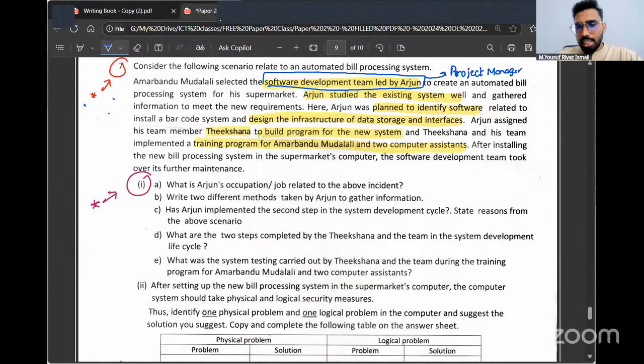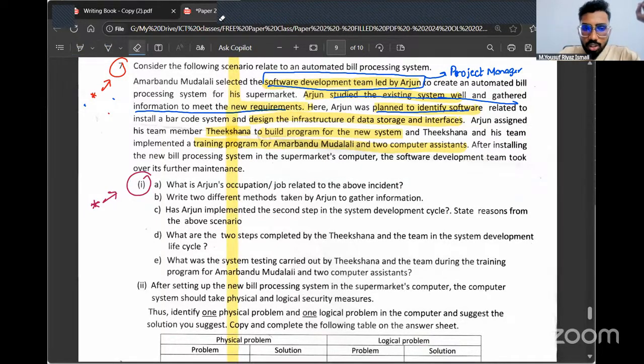Okay. Then there's another place where Arjun studied the existing system well and gathered information to meet the new requirements. So he has studied the system to understand the new requirements, right? To understand the new requirements, he has studied the system. So that is done by a person called a system analyst.